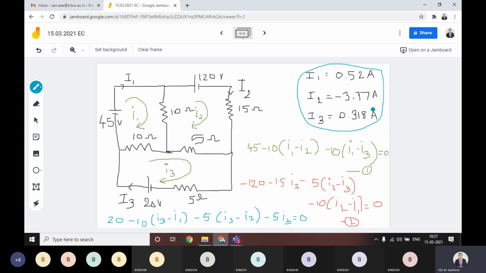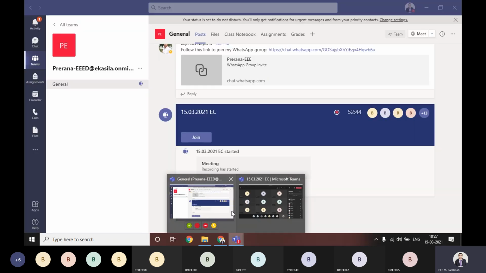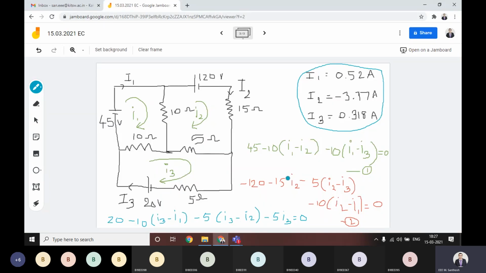First, for this point of time, if you know how to use equation mode, you use equation mode and solve these three equations so that you will get this answer. I hope everyone got this part. If you have any kind of a doubt at this stage, you can ask.